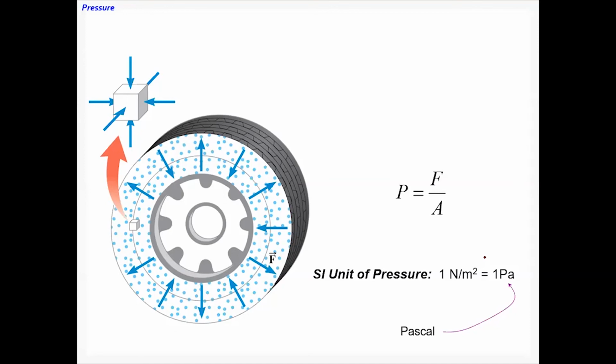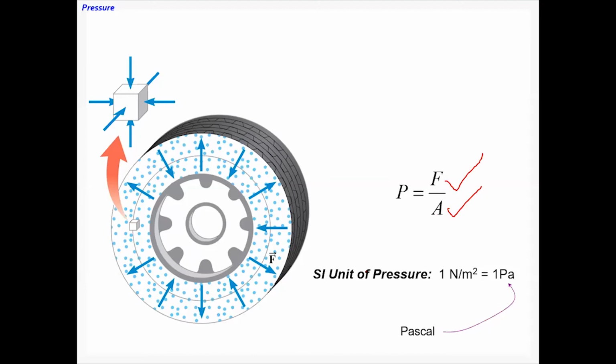Unit area means 1 meter squared. So suppose the area is 1 meter squared, and you have some force acting on that area. That force is called pressure, meaning pressure is force per unit area. Does it make sense?